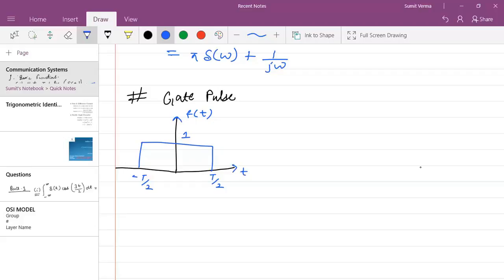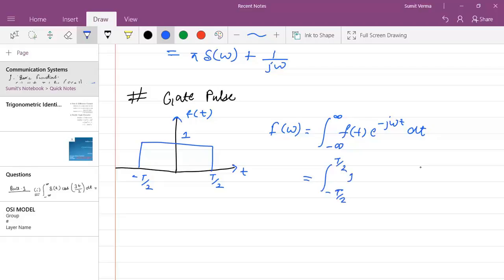Now let's try to find the Fourier transform for this, using the basic definition of the Fourier transform. We know F of omega is the integral from minus infinity to infinity of f of t e to the power minus j omega t dt. Because this function is defined from minus t by 2 to t by 2 only, and is 0 elsewhere, the limits change to minus t by 2 to t by 2.